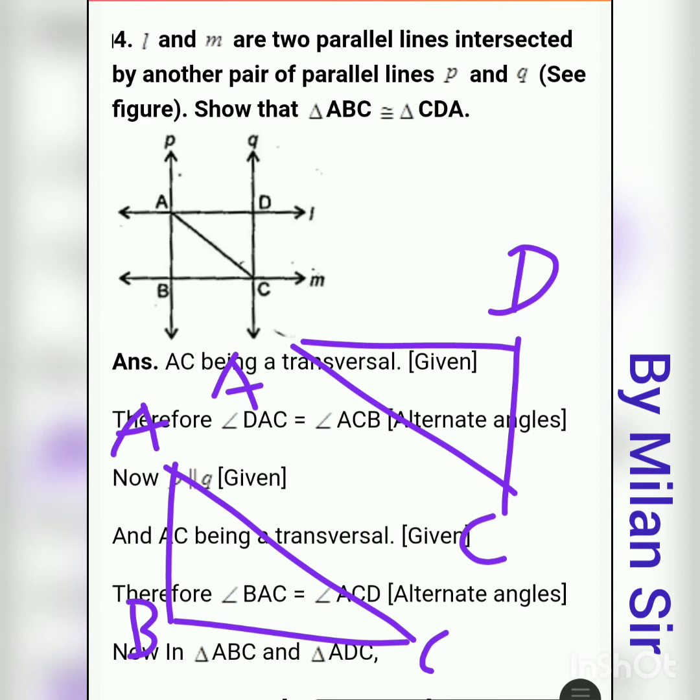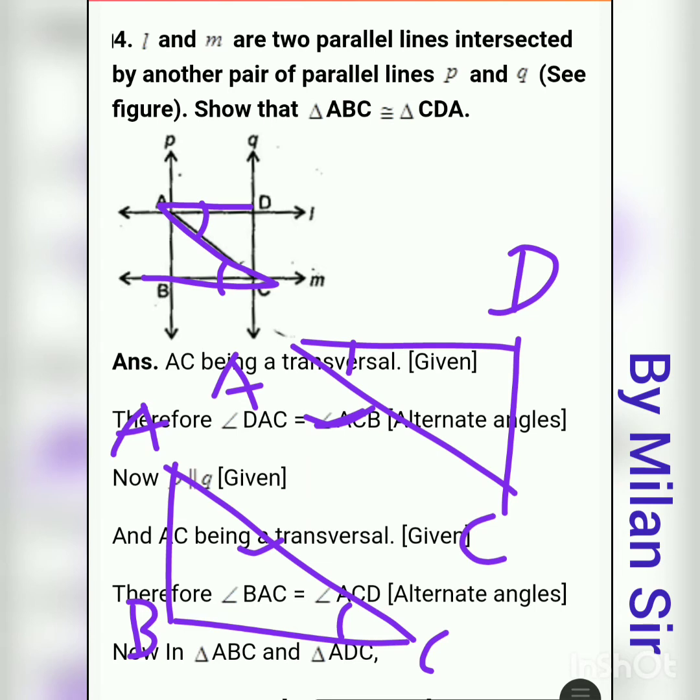Okay, so now how can we prove these two triangles are equal? First of all, AC is a common side, right? AC is a common side. Okay, and here it forms one Z, right? So these two angles are the same, that means this angle and this angle, alternate interior angles, right?